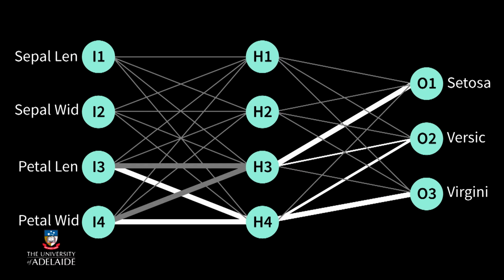The input weightings on the hidden neuron H3 allow it to respond to small petals, while H4 responds to large petals. The output layer uses the results from these to classify the flowers, so flowers with small petals will be classified as setosa, while flowers with medium-large and large petals will be classified as versicolor and virginica respectively.